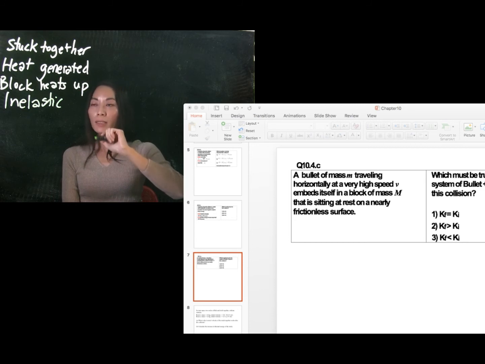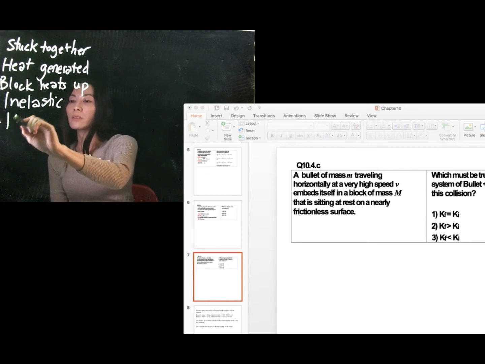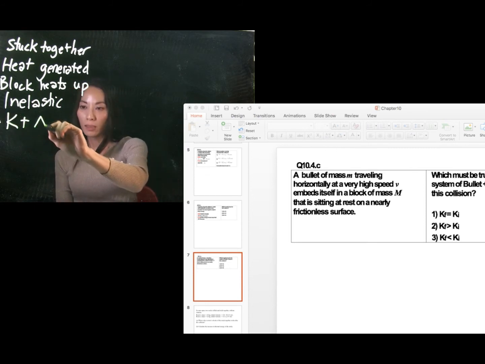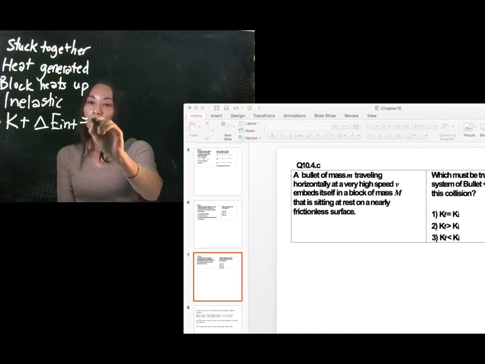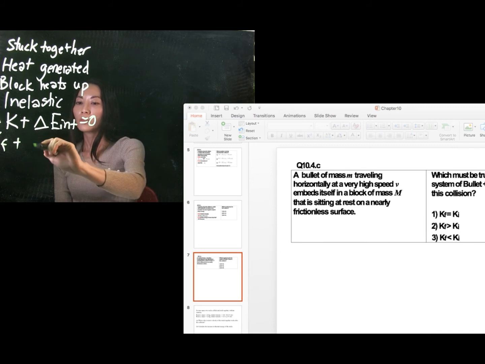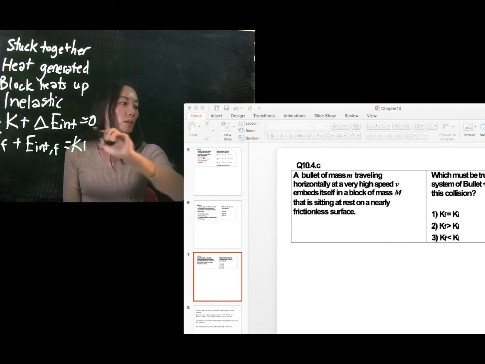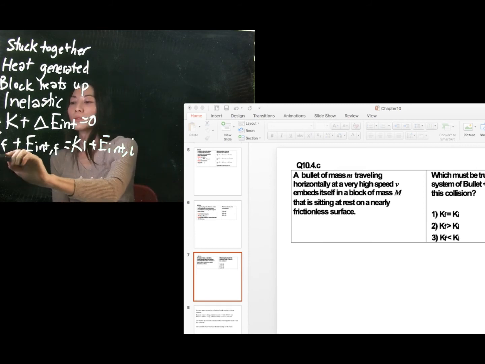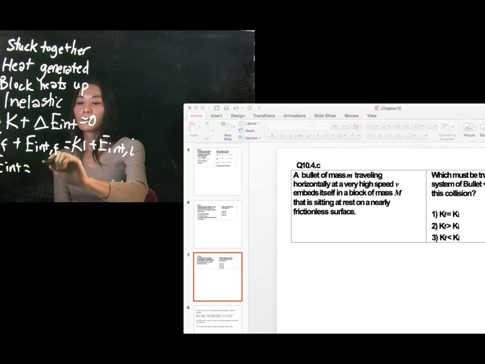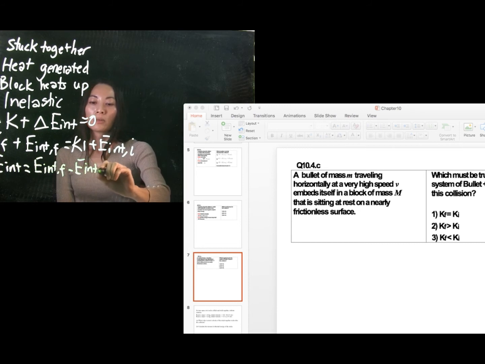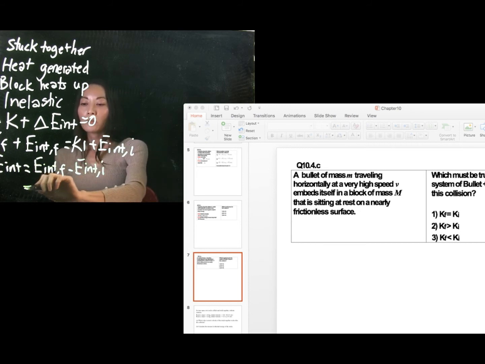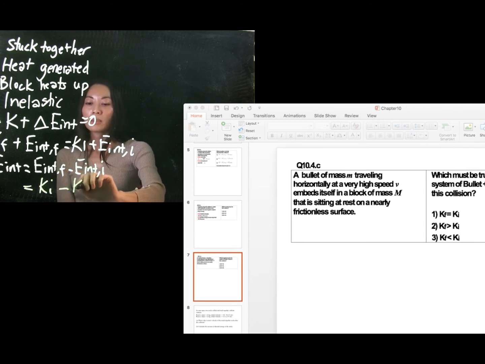So then again, we can write the conservation of energy principle to include a change in kinetic energy of the system and a change in internal energy of the system, such that K final plus internal energy final is equal to K initial plus internal energy initial, so that the change in internal energy is equal to E internal final minus E internal initial, and that's equal to K initial minus K final.